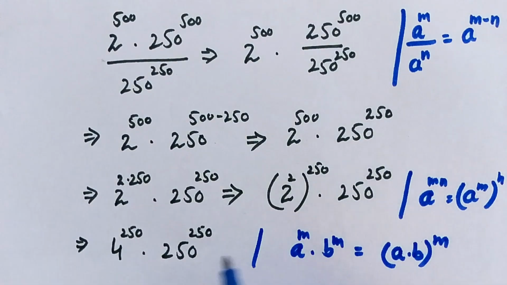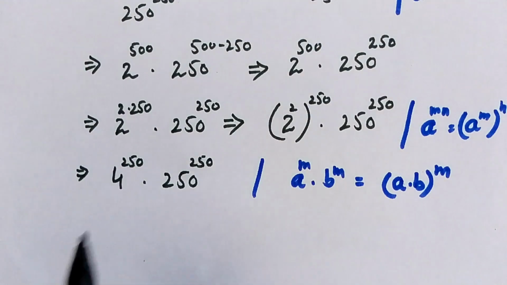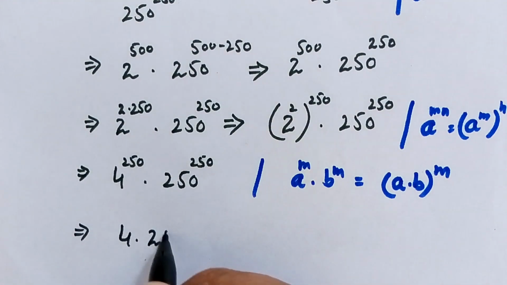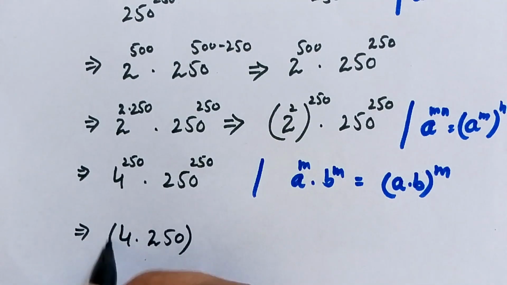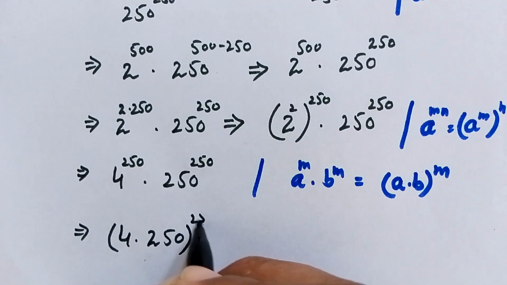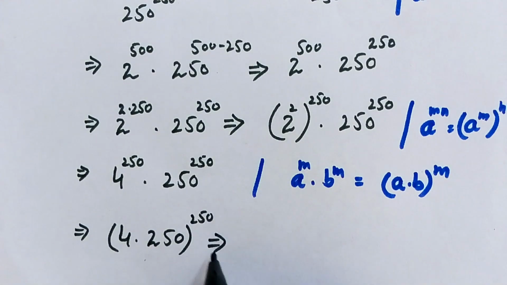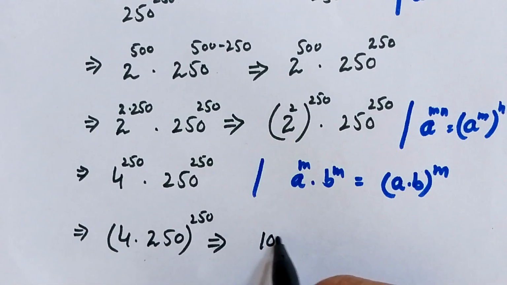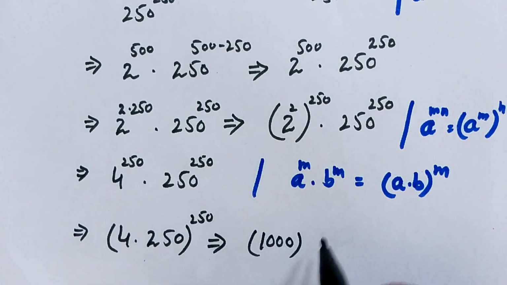Applying this condition, it becomes (4 times 250) to the whole power of 250. Now 4 times 250 is equal to 1000, to the whole power of 250.